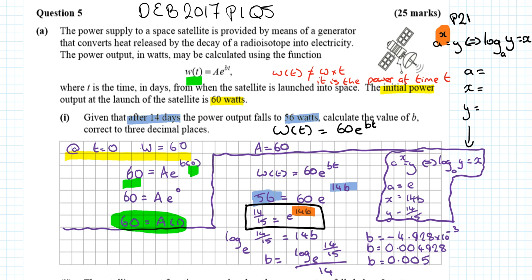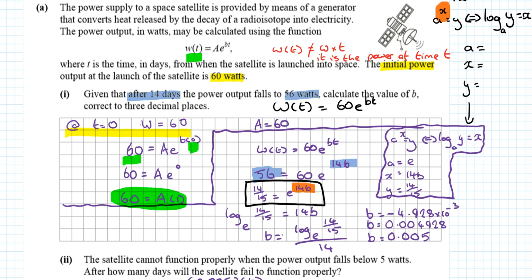So I know that a is equal to e, x is equal to 14b, and y is equal to 14 over 15. So laying all that out, then all I need to do is sub it in to the log part of the formula.